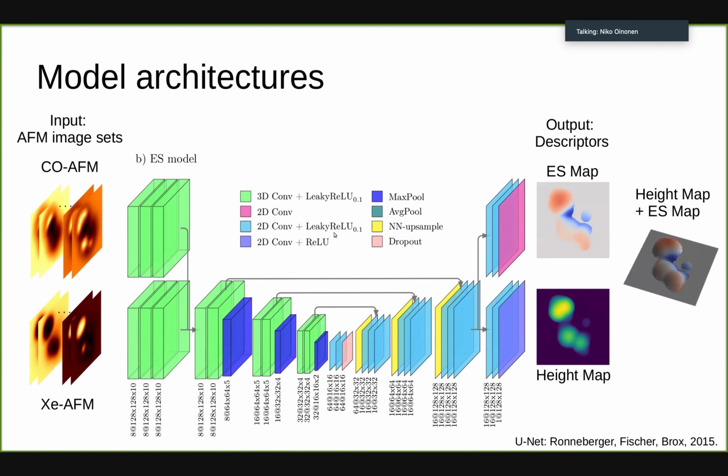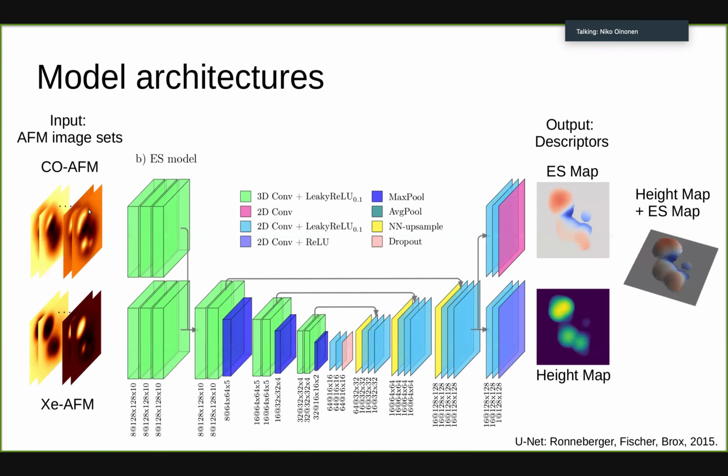That was the first model, and the second model is the one that we call the electrostatic or the ES model, which predicts the electrostatic map and the height map. So the task is roughly to predict the electrostatic properties of the sample. The input to the model is a bit different than in the first case.